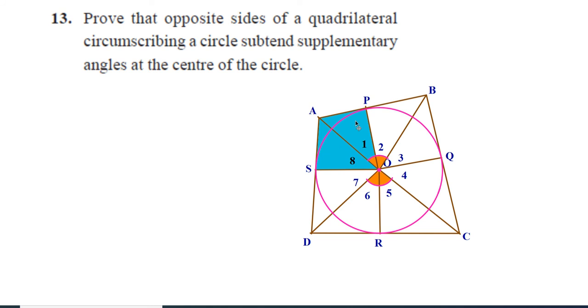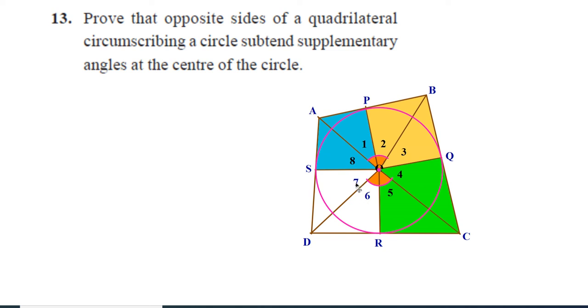If triangles are congruent, you can write angle 1 is equal to angle 8. Similarly, triangles BPO and BQO are congruent. So you can write angle 2 is equal to angle 3. Then similarly, you can write angle 4 is equal to angle 5 and angle 7 is equal to angle 6.